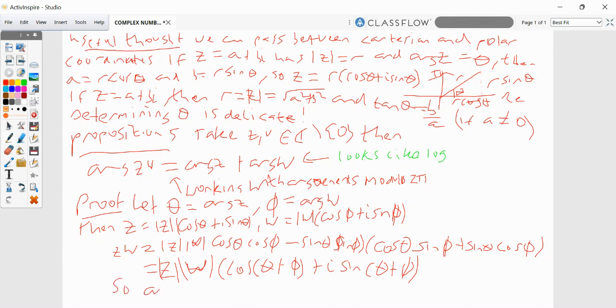So, the argument of zw is theta plus phi. And that will end the proof. So, the proof isn't too bad here for this proposition. Just make sure that you're aware of this proof because we will be coming at it again in a few lectures' time, so just make sure you're aware of it.